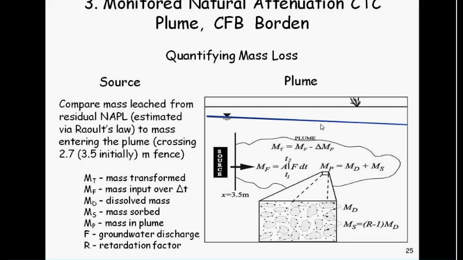So what you would do would be to look at the concentration along that fence at one time, look at the concentration along the fence at the next time, and integrate that over that time interval. So that would say how much mass has come in over the two sampling periods. I think we screwed up the thing in there.